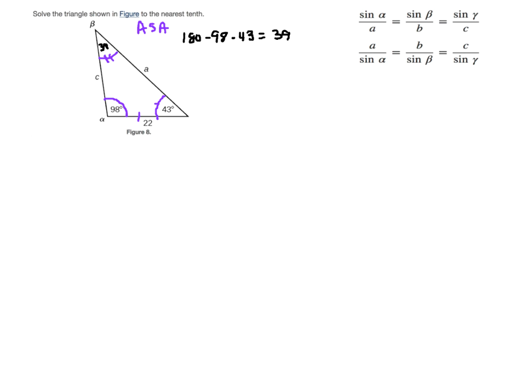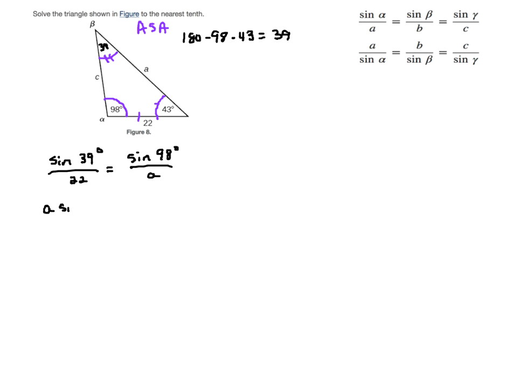And we just need to use our law of sines using angle beta and side B and set up those two other proportions to get side A and side C. So we get the sine of 39 degrees over 22 has to be equal to the sine of 98 degrees divided by side A. I'm just going to cross multiply.